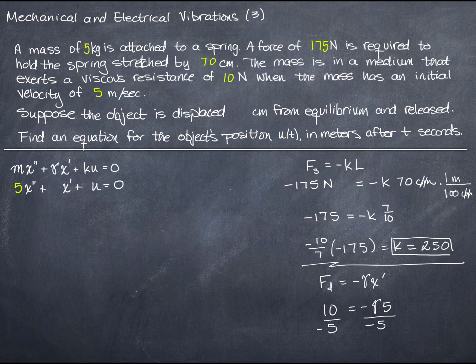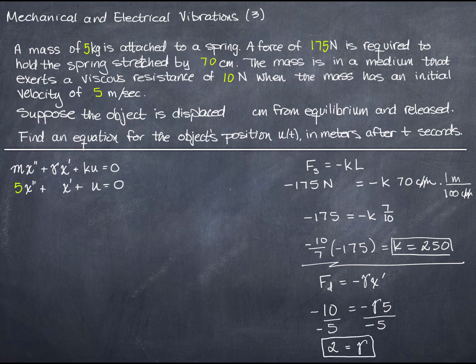Only here again, if the mass is being pulled down, it's moving in a positive direction, then the damping force is moving against it. So the 10 is negative because it's moving in opposition to the mass itself. So I get gamma equals 2. So I have that value.